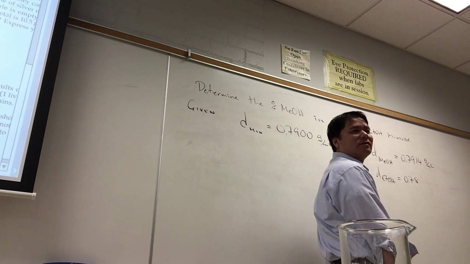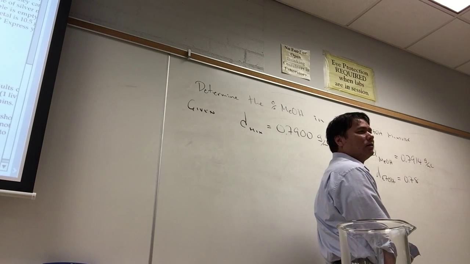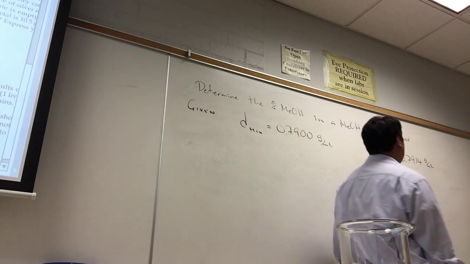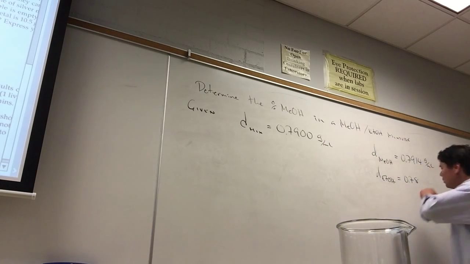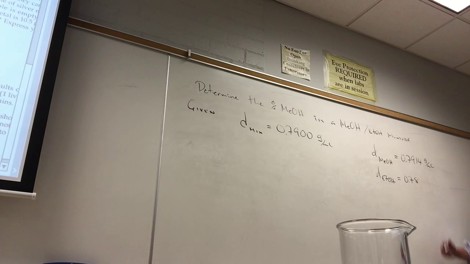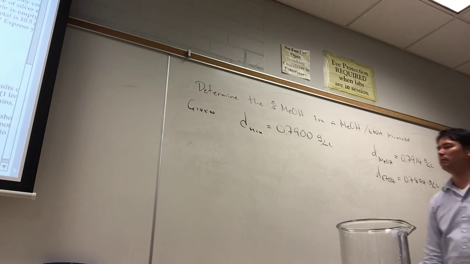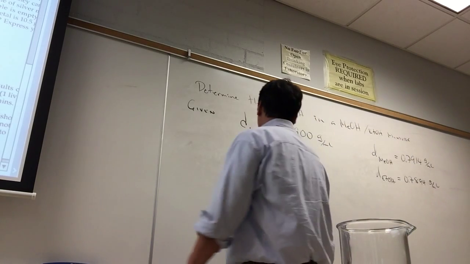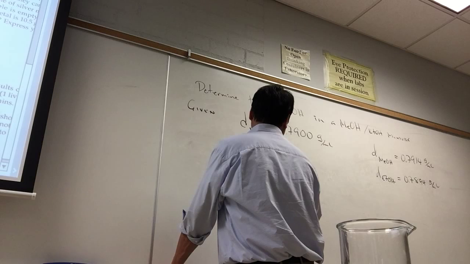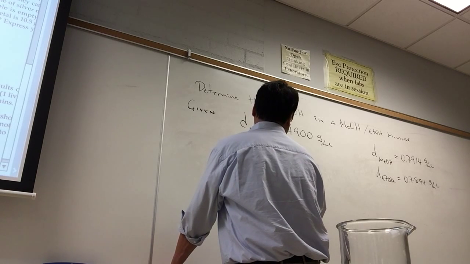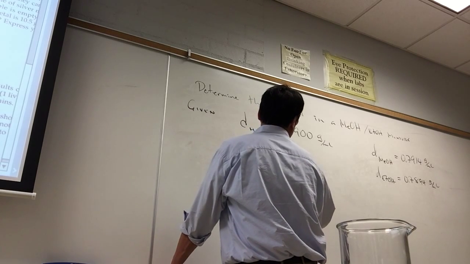Somebody remember the density of ethanol? 7894. 0.7894 grams per milliliter. Thanks. All right, comment on the precision.